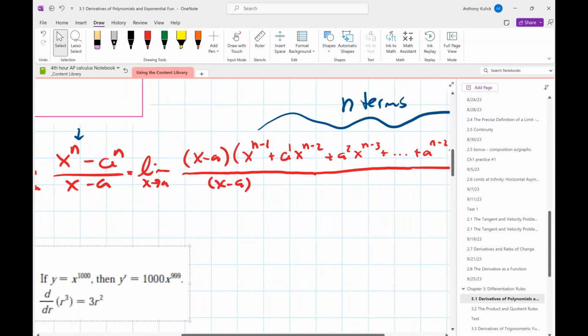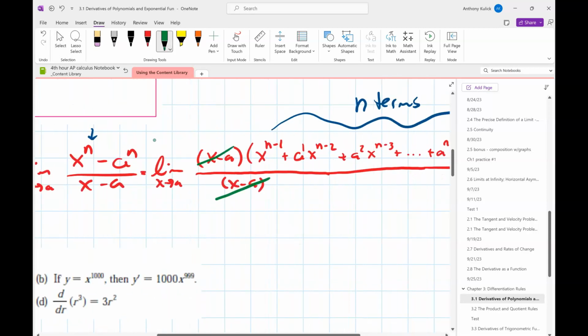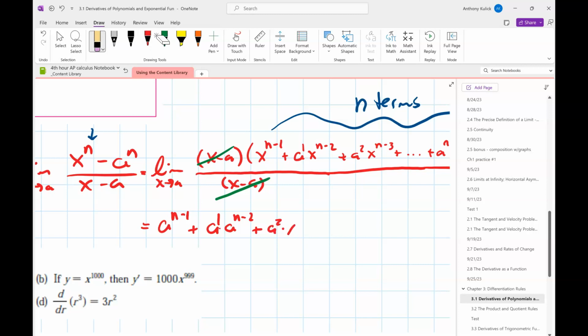So the point of that factoring was for that to happen, right? Now I'm going to do the limit. Everywhere there's an x, I'm going to put an a, just doing a direct substitution.